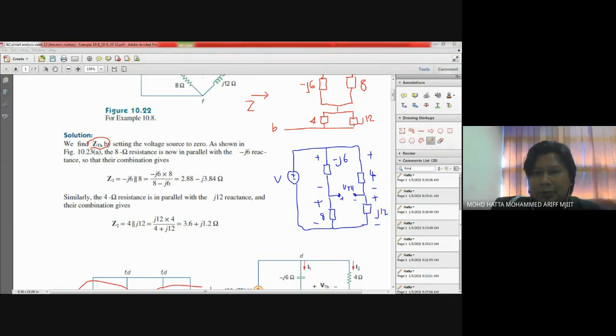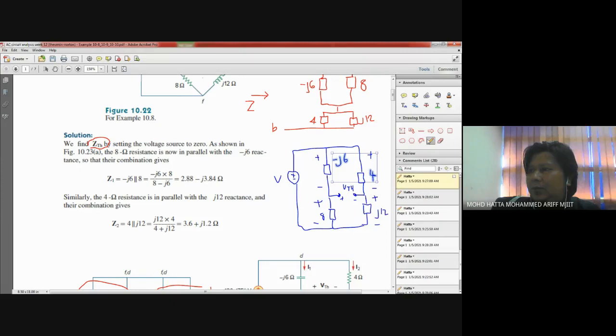But what we're trying to do is we try to come up with a loop equation, or using Kirchhoff voltage law to find what is the value of VTH. So we can either use this loop or this loop.